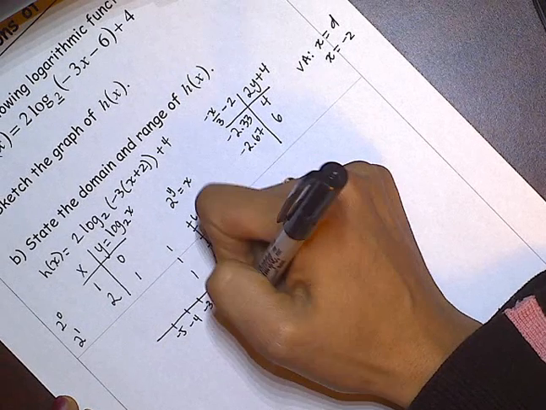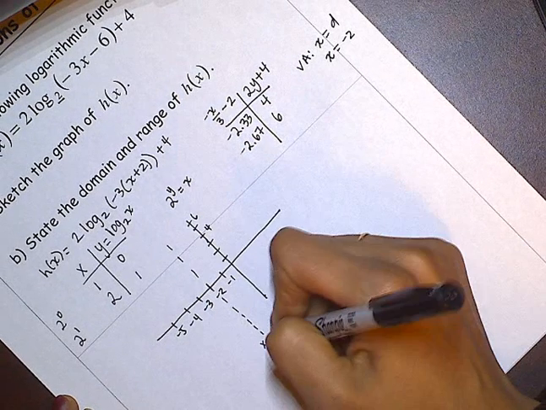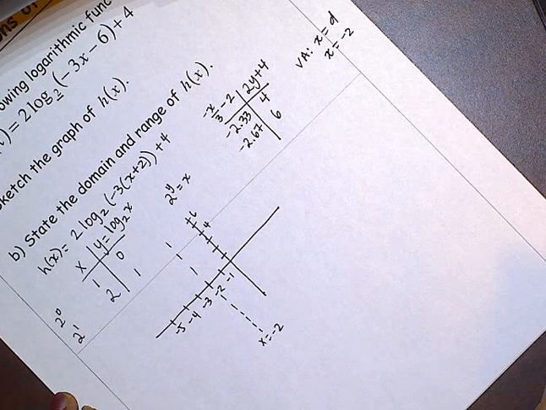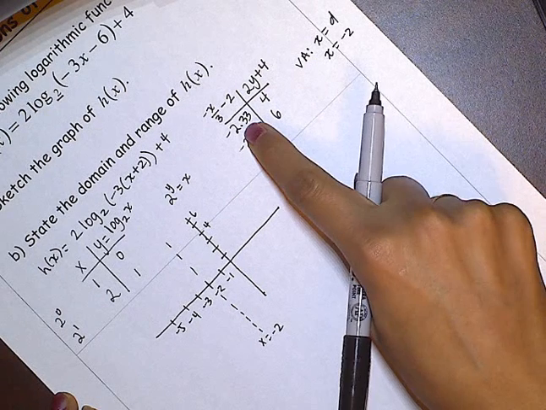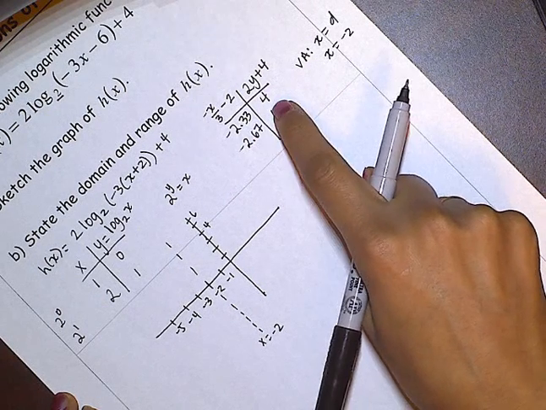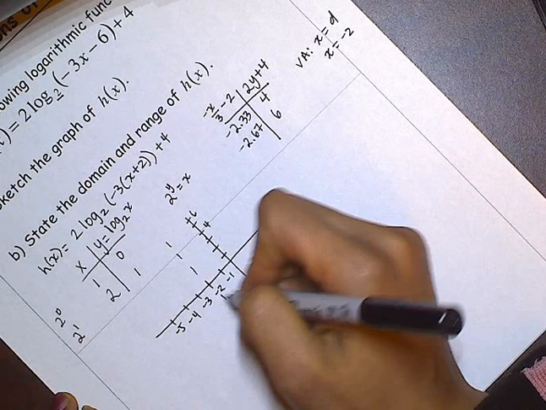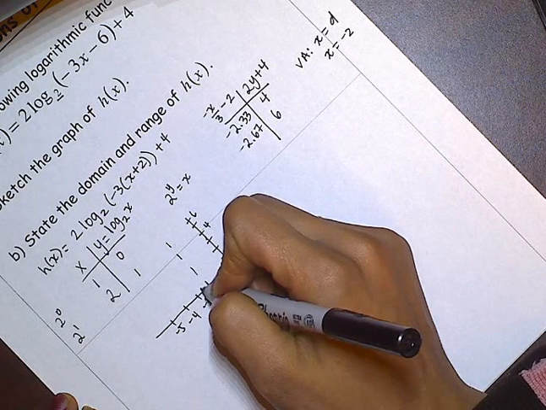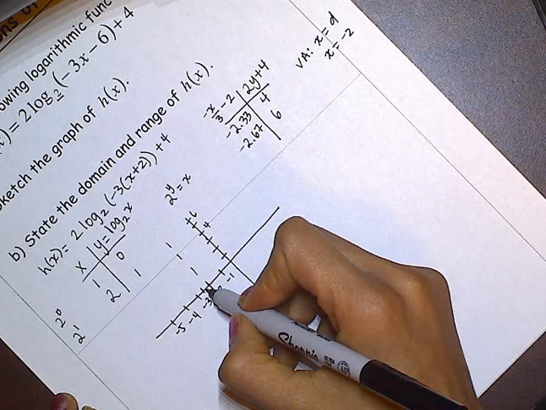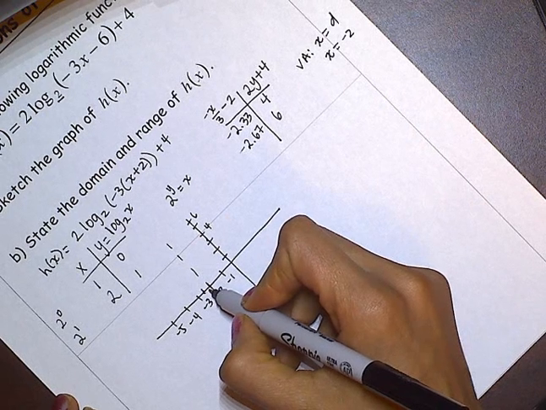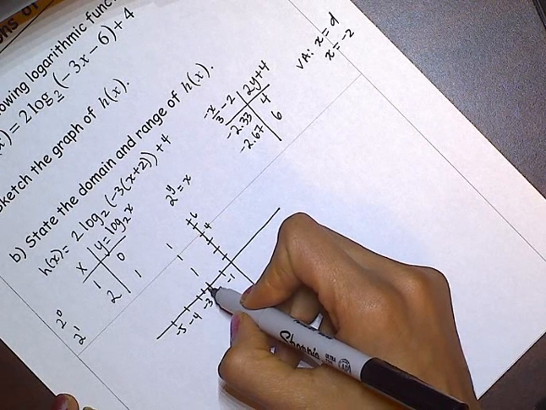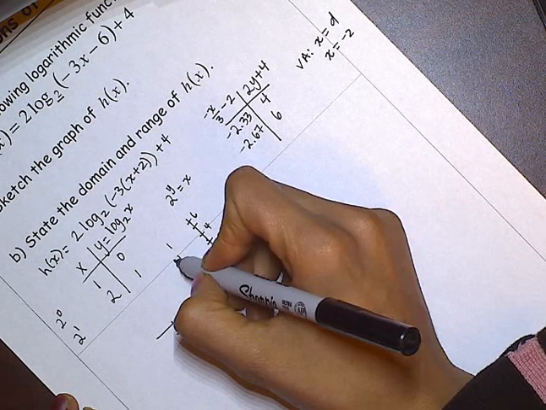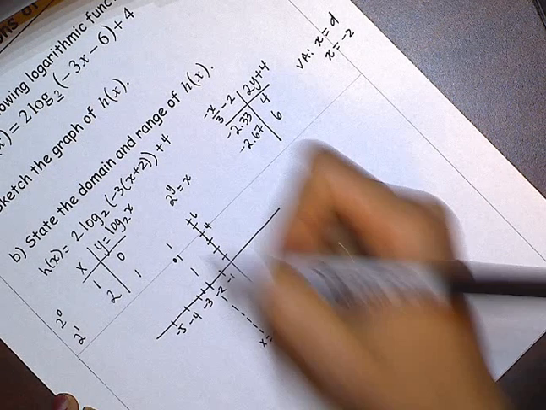And then plotting my key points. You just have to be approximate there, so negative 2.33 and 4. Negative 2.33, this is midway right there. It's just going to be a little bit towards the right-hand side of negative 2.5. So it's negative 2.33 and 4 right there. And then I have negative 2.67, which is going to be towards the left-hand side of negative 2.5.